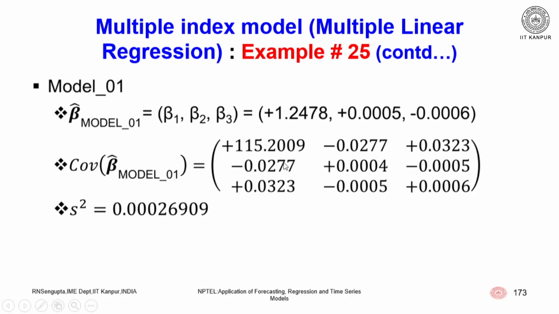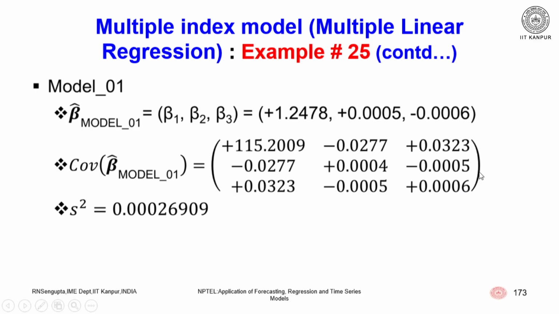The off-diagonal elements, 1,2 and 2,1, are minus 0.0277, 1,3 and 3,1 are plus 0.0323, and 2,3 and 3,2 come out to minus 0.0005. So, what does it mean?